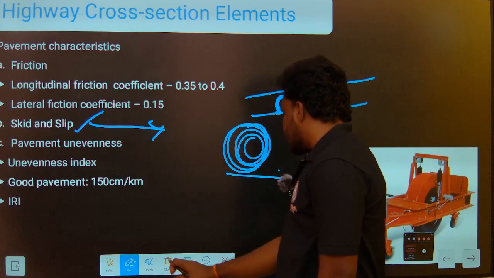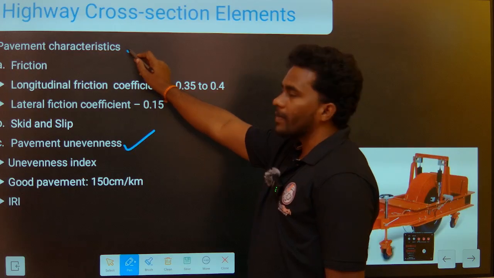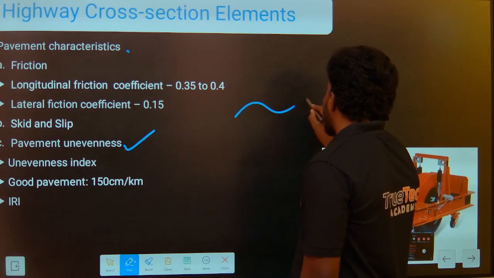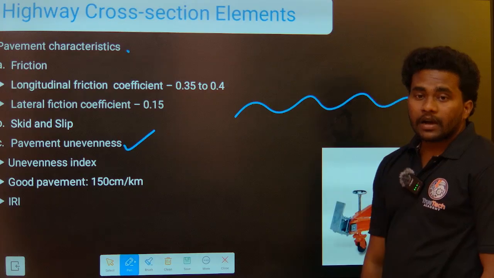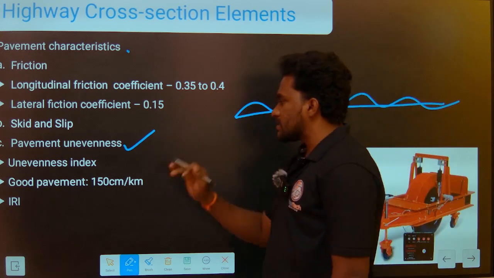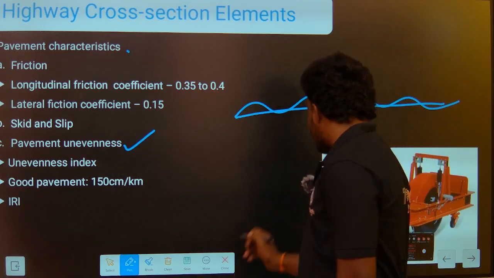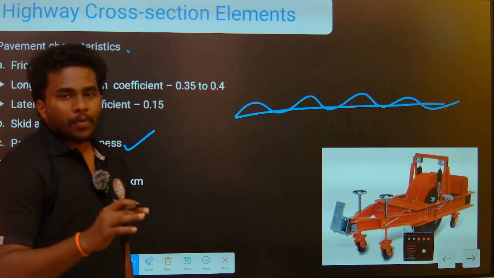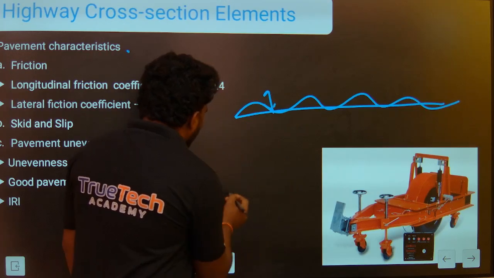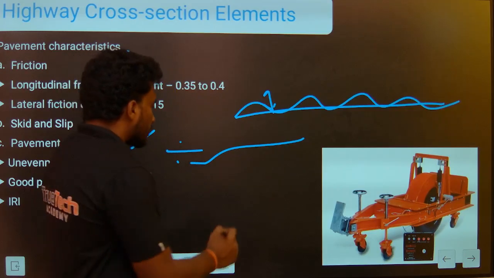And another one is now pavement unevenness. This is also one of the pavement characteristics. Pavement unevenness is nothing but the undulations that are present along the road surface. We have to measure how much the undulations are present along the road surface. For example, let's take a road surface of 1 kilometer.